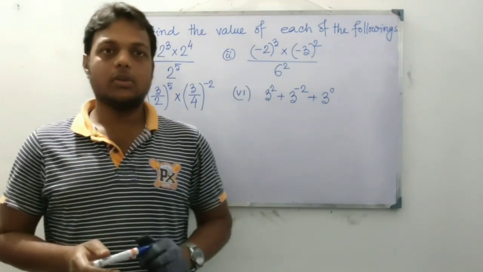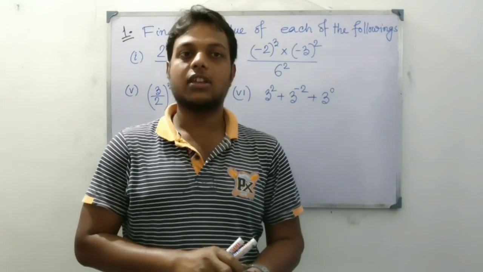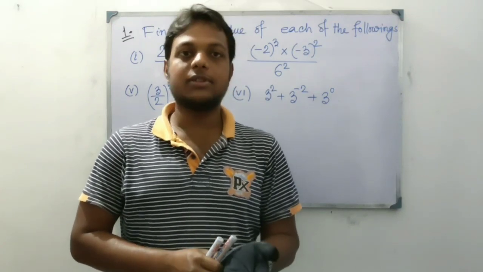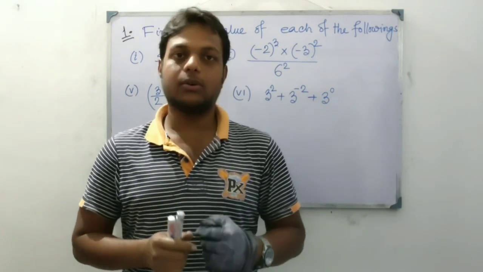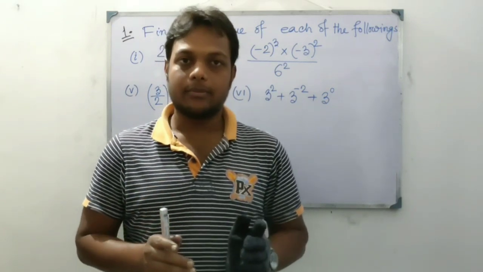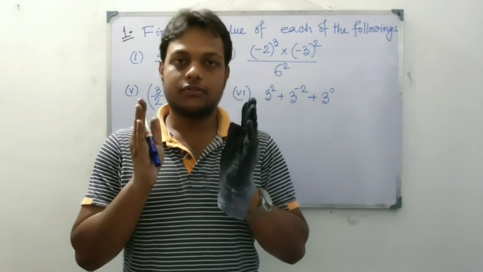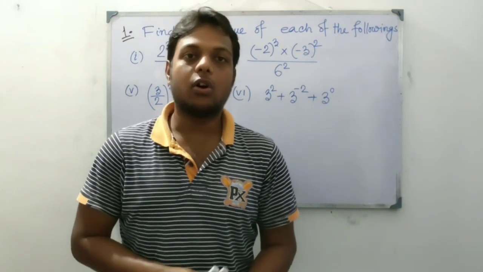Just to remind you, the laws of indices are only applicable when the base of the two exponents is the same. If the base of two exponents is the same, then you can apply the laws of indices.